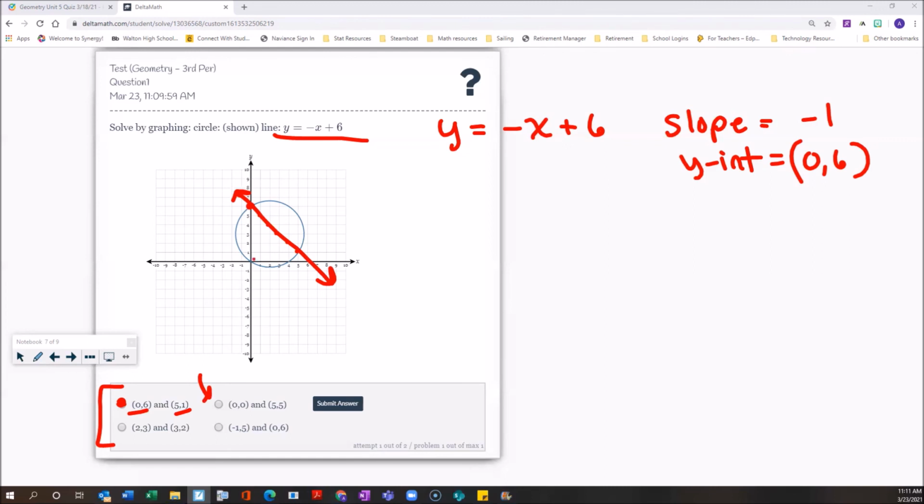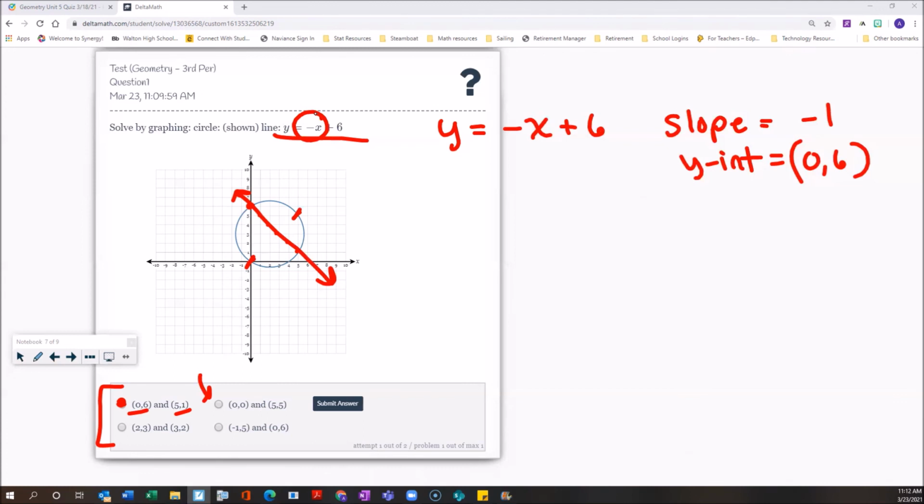So 0, 0, well, that's on the circle right there. And 5, 5, whoop, that's on the circle. But it's not going to be on my line, right? And I can tell that it's not going to be on my line as long as I realize that my line that I'm working with has a negative slope. These points, if I connected those and made a line, would have a positive slope.